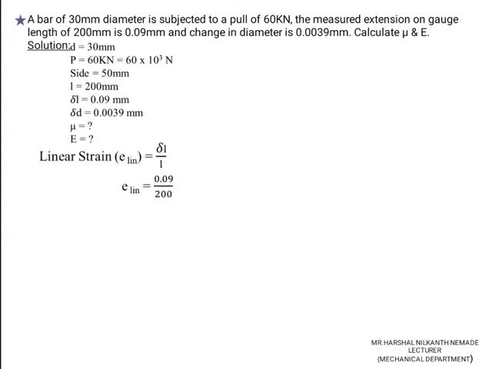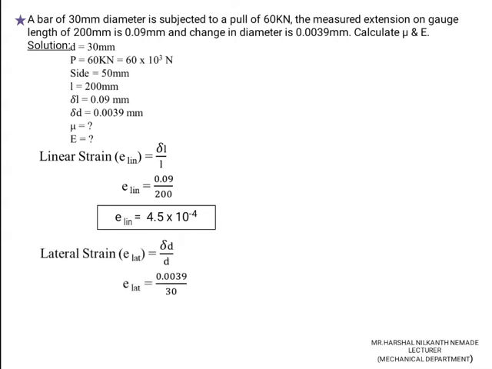So linear strain E lin is equal to delta L upon L. I will substitute the values: delta L is 0.09 and capital L, the original length, is 200. I will get E lin equal to 4.5 multiplied by 10 raised to minus 4.